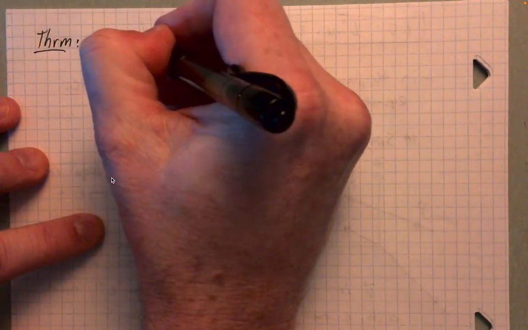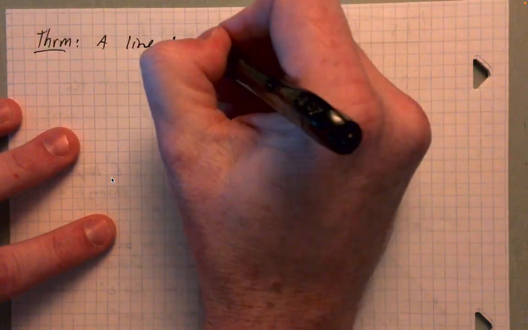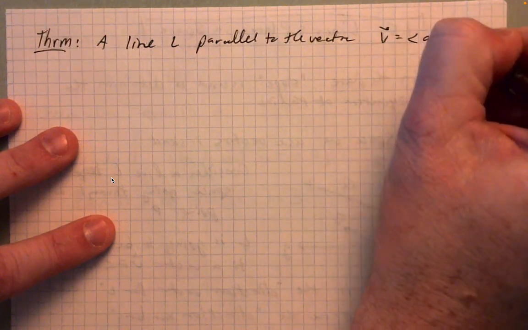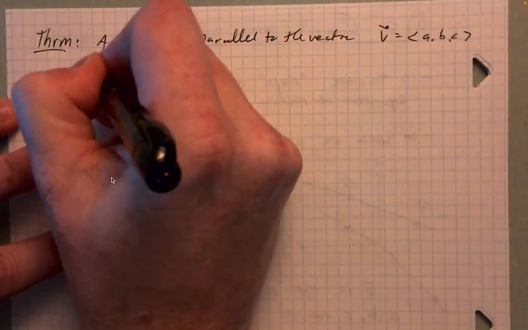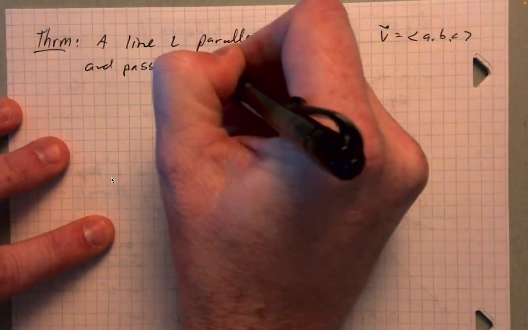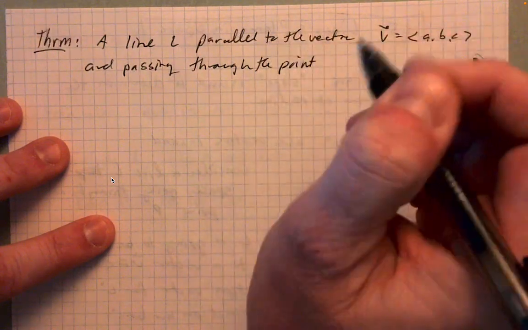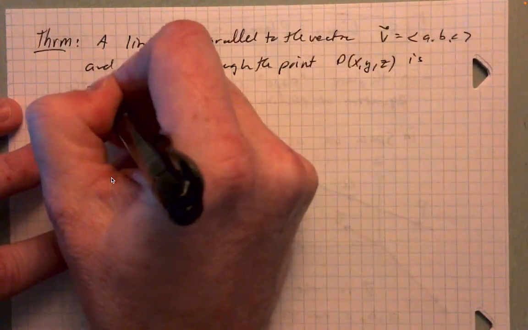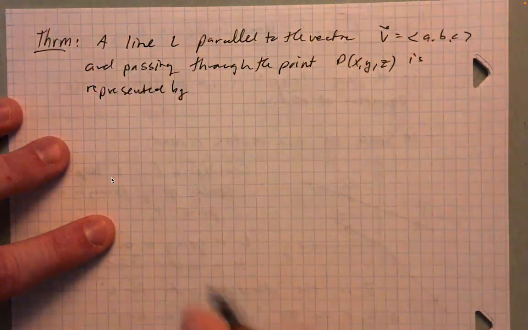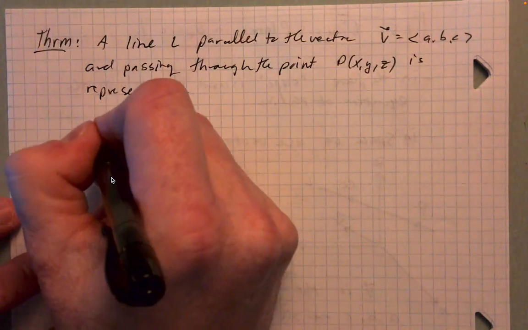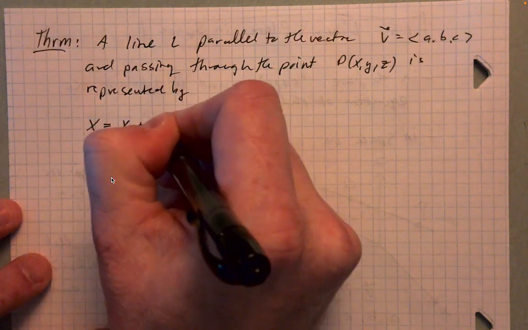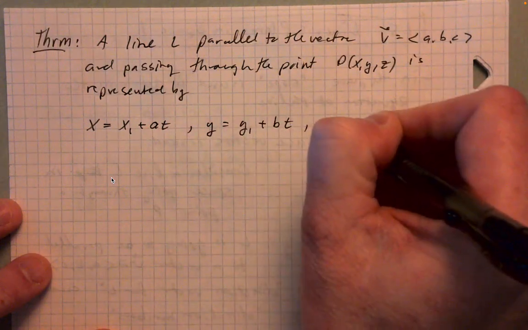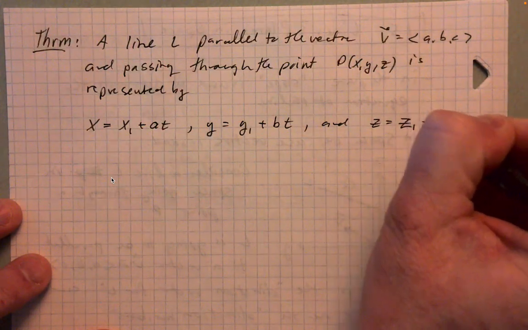A line L parallel to the vector v equals ABC, and passing through the point P(x, y, z), is represented by the parametric equations: x equals x1 plus at, y equals y1 plus bt, and z equals z1 plus ct.